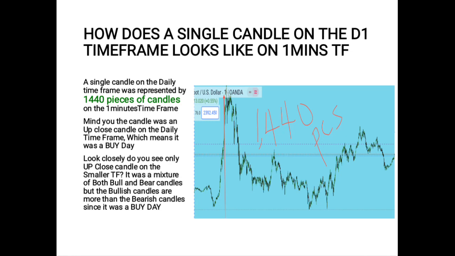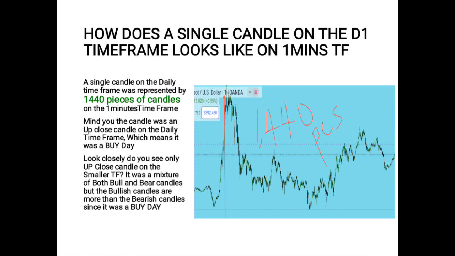A single candle on the daily time frame was represented by 1,444 pieces of candles on the 1-minute time frame. So if you get your calculation right, that tells you that we have 1,444 minutes in 1 day. So that was what was depicted in the market.